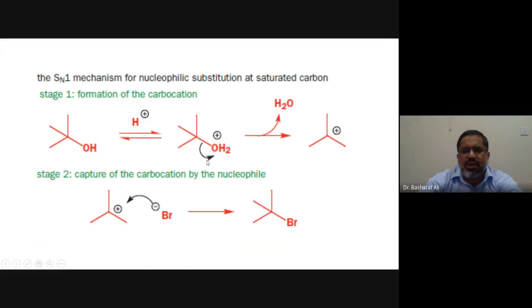Therefore, it detaches from the molecule in the form of water, leaving behind a carbocation. And in the second stage, the carbocation is captured by the nucleophile. The nucleophile reacts with the carbocation and gives a molecule.